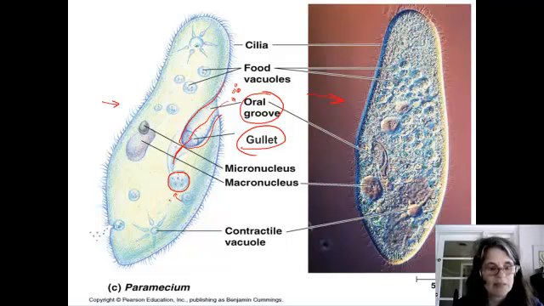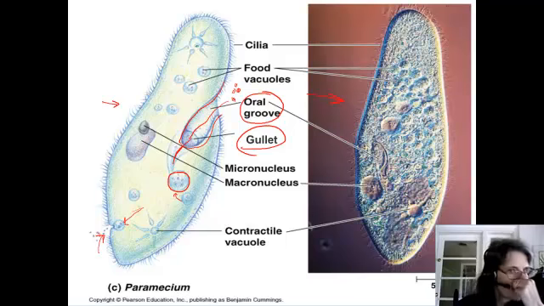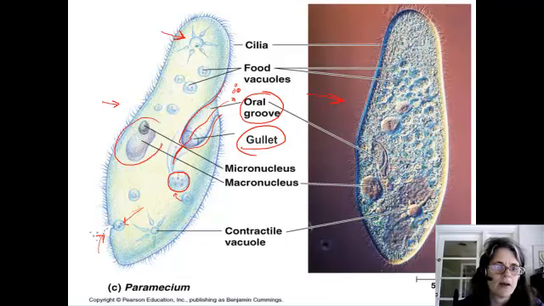Anything that could not be digested would be released through a structure called an anal pore, which is right there. Okay, so they also have contractile vacuoles, which you can see here, this kind of star-shaped thing. And these are the large and small, or macro and micronuclei.